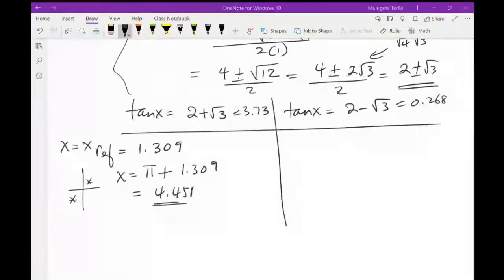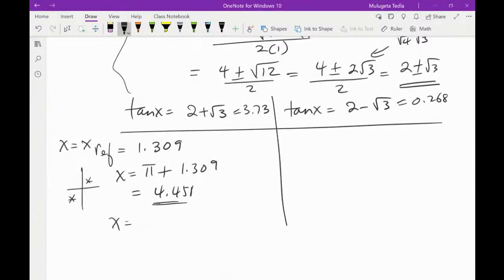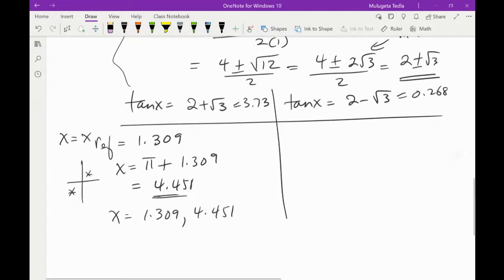So from this case, x is 1.309, because our angle is in the first quadrant, so the reference angle is the answer, and the other is 4.451. From here, the reference angle is already found. Is it still positive? Both of them are positive, right?